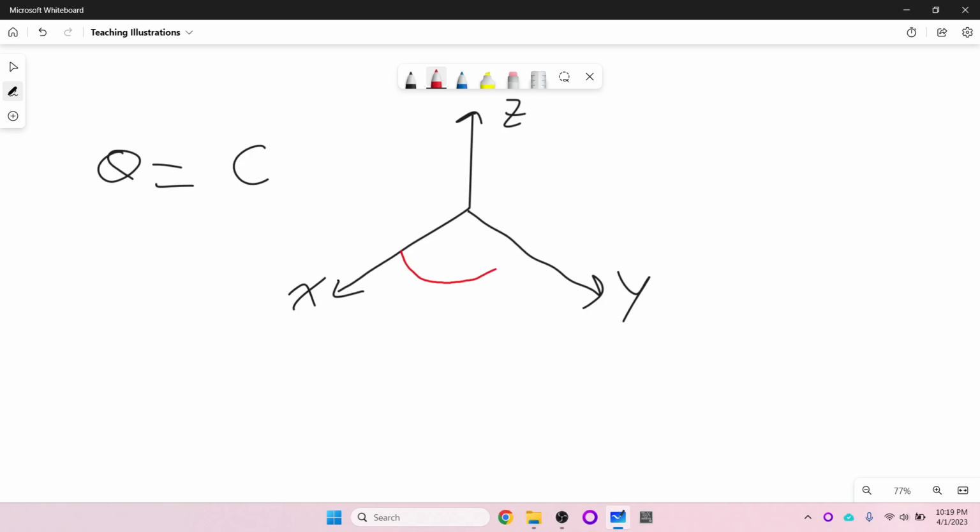So let's say this angle here is theta. It would be then all the points along this line. Again, I find these particularly hard to draw, but it'll give you a half plane.